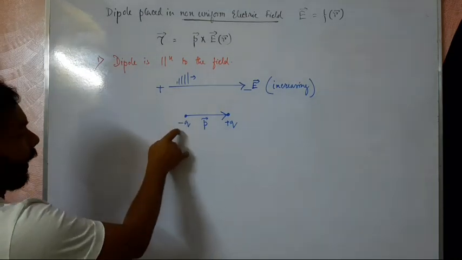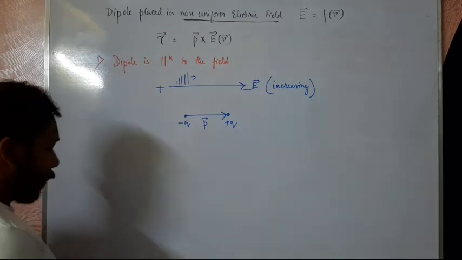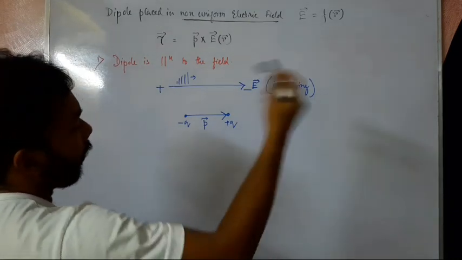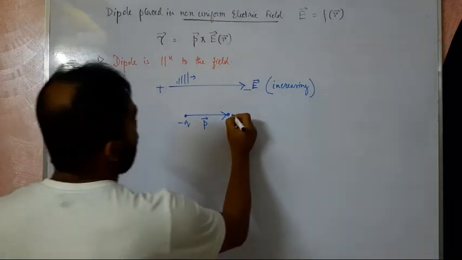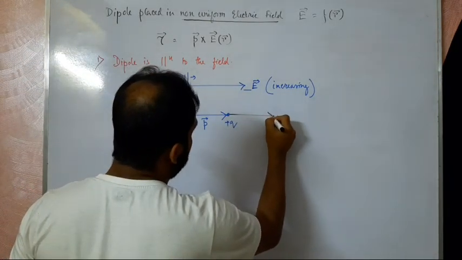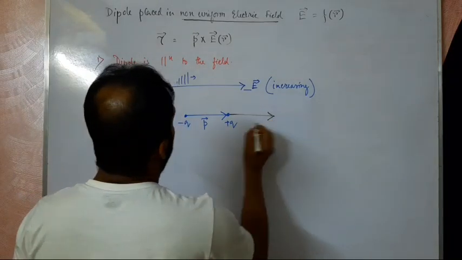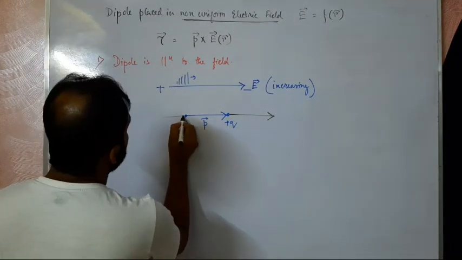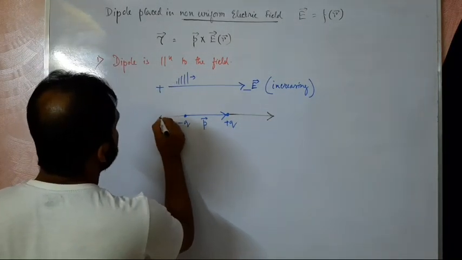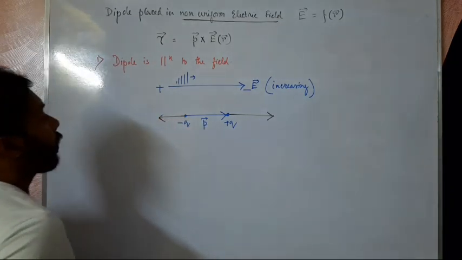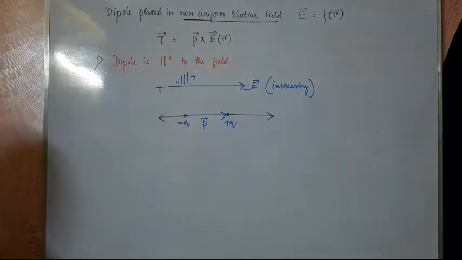So this negative charge will be attracted in this direction, the positive charge is attracted to that direction. But this attraction will be greater as the strength of the electric field is greater here, and this attraction is a bit smaller than that because the strength of the electric field is less in this direction.